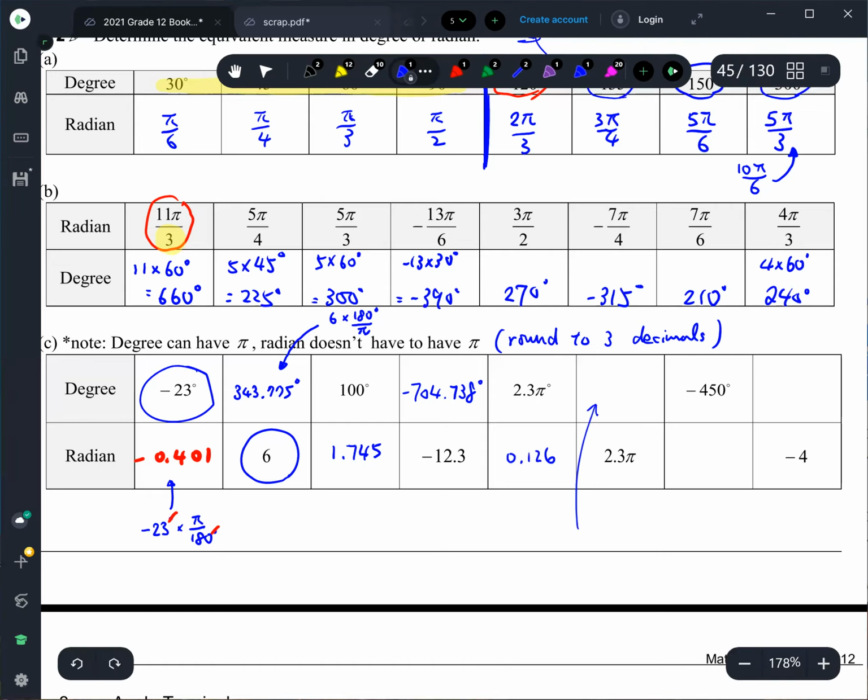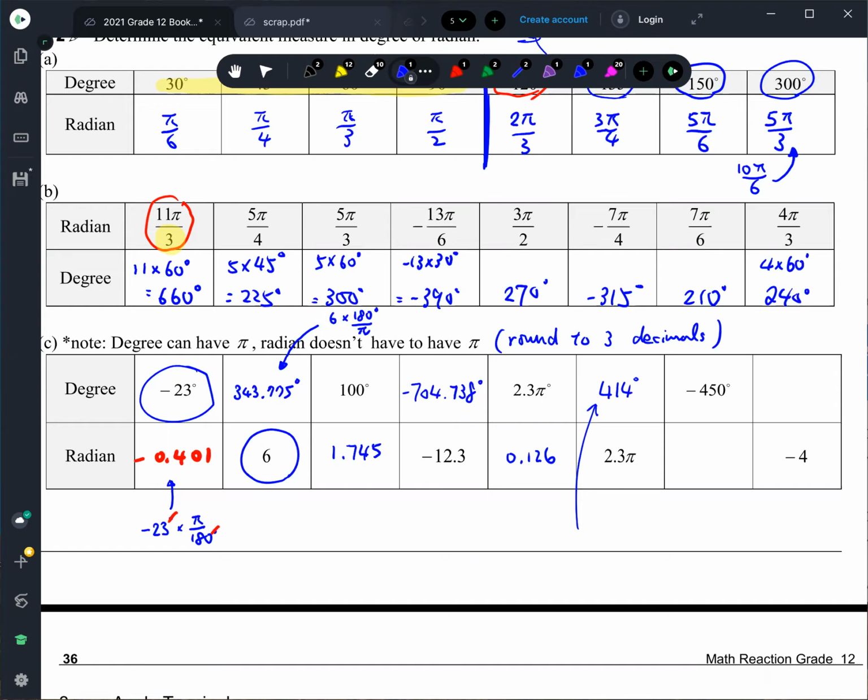This one. I got 414. Yeah, very good. Point what? Do we have decimals? No. Okay, so no decimal for this one. Very good. Okay, next one.